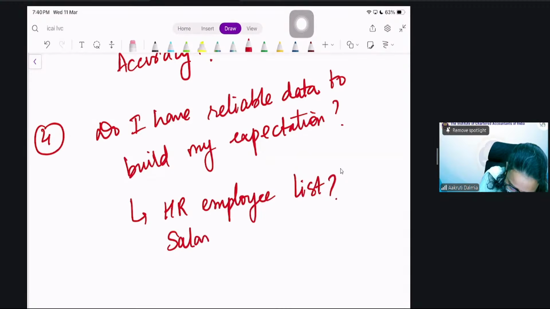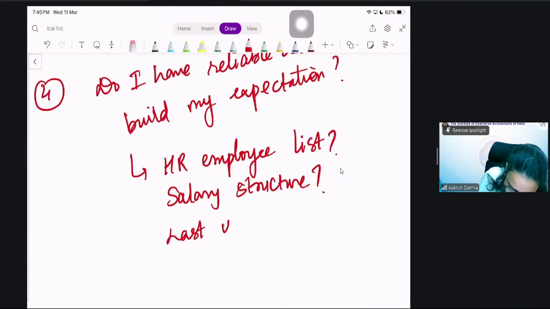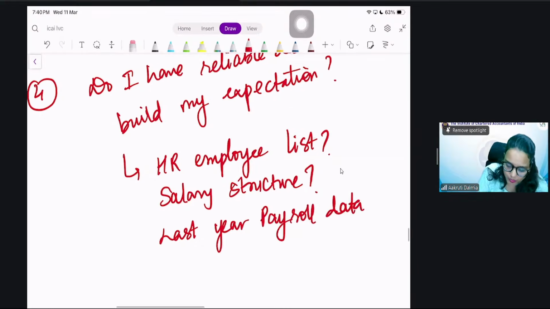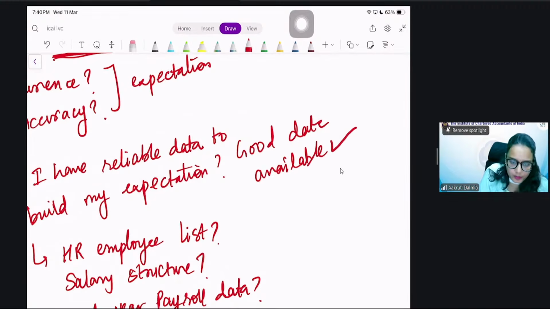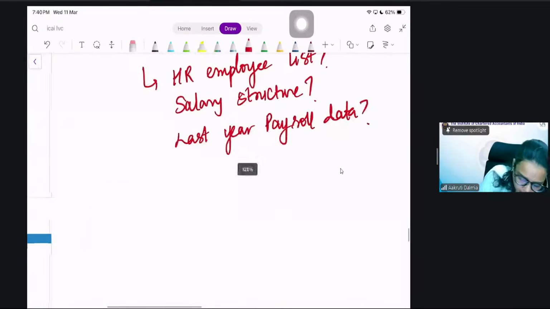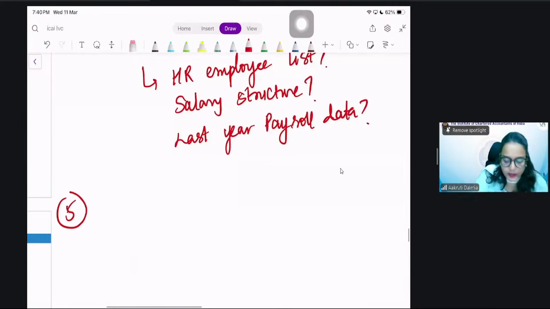Is a salary structure there? Is last year's payroll data there? All these questions I'll ask, whether good data is available or not. Let's say good data is available. Then what will I do? What is the next factor?